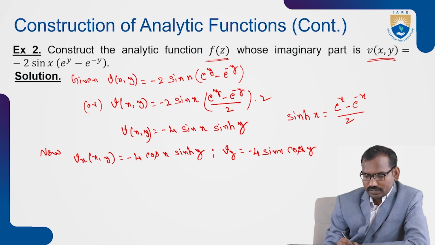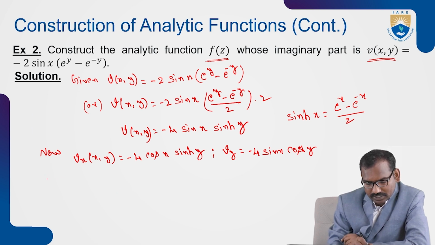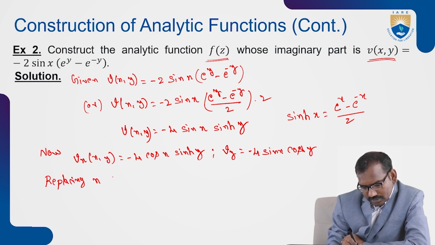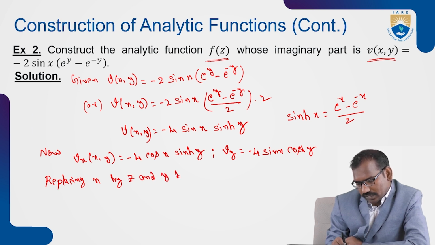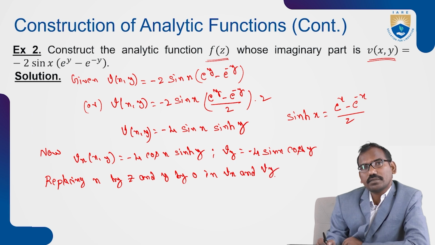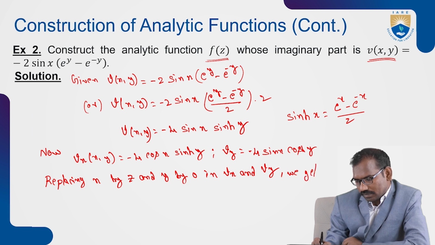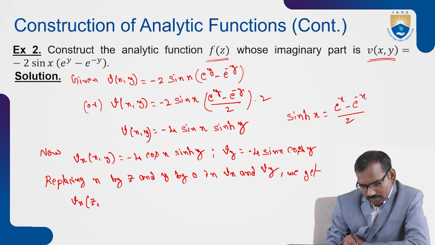Clear? So here what I will do, replacing x by z and y by 0 in v sub x and v sub y, we get v sub x at x replaced by z, y replaced by 0.